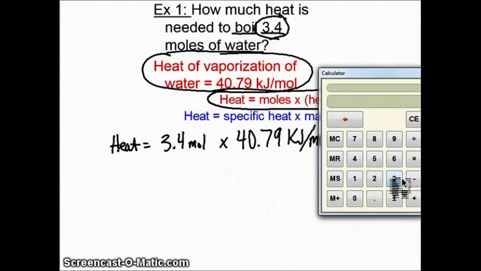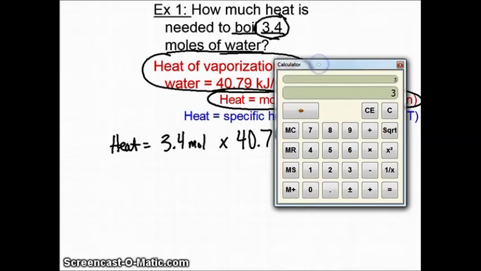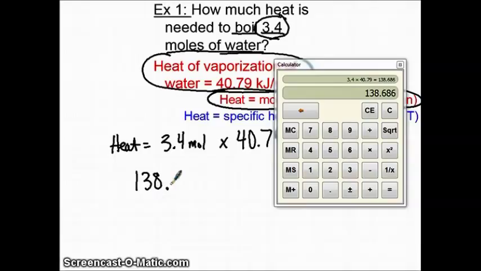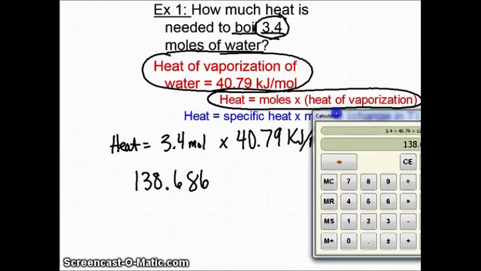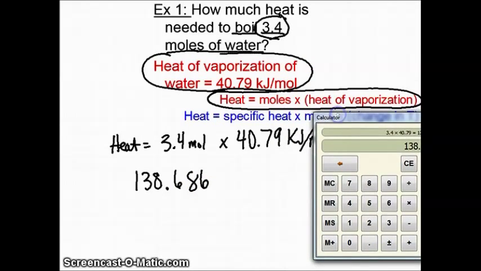We have 3.4 times 40.79 equals 138.686. We need to put in the right sig figs, so there should be only 2 sig figs there, so 140.